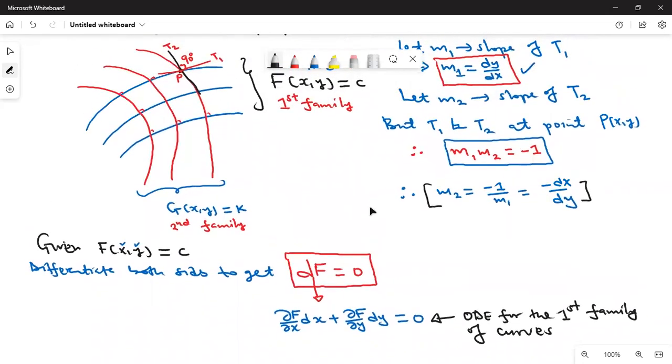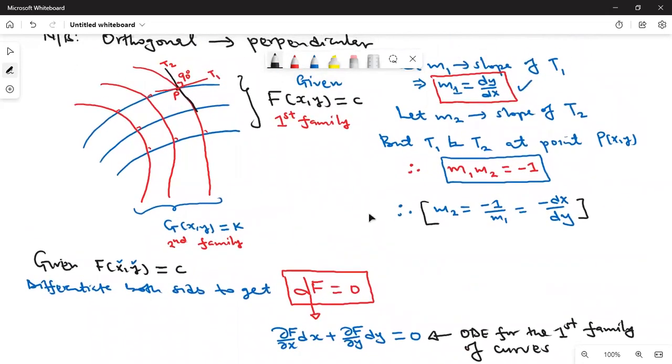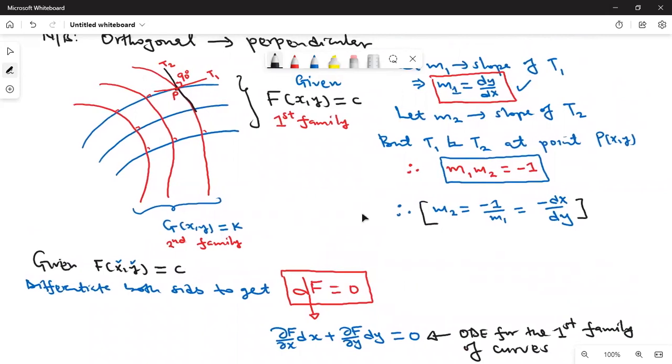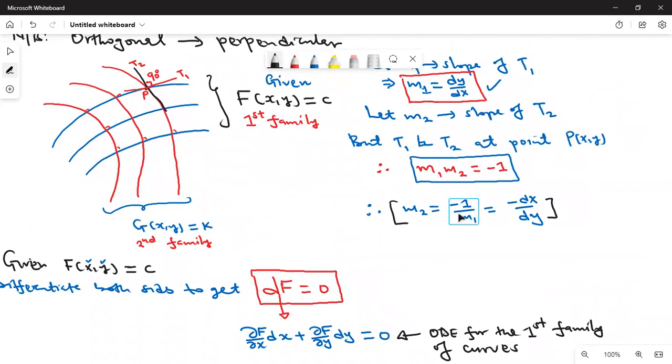Now, if I want to obtain the ODE corresponding to the second family, look at the slope of the second family. It is negative dx over dy. But the slope of the first family is dy over dx. So that means the slope has to change for the second family. Where there is dy over dx, I'm going to replace it by negative dx over dy.